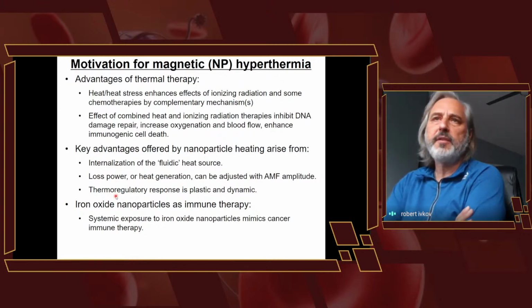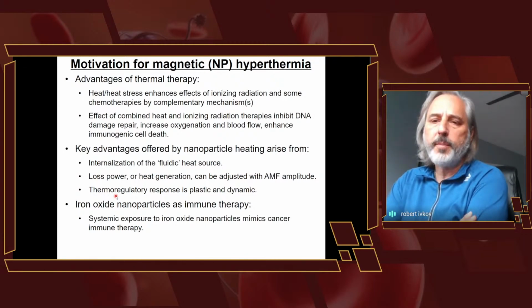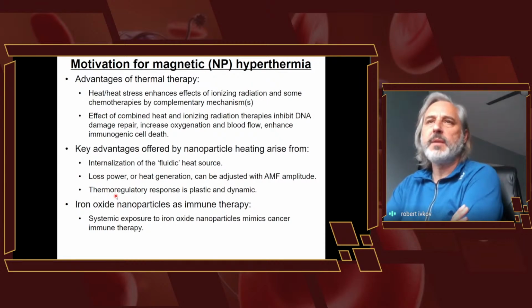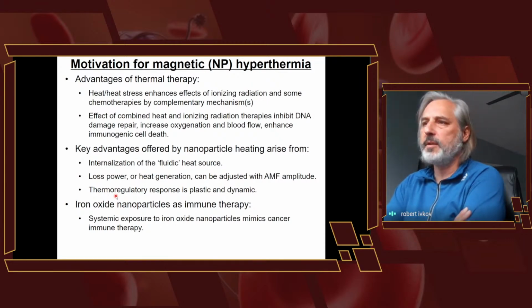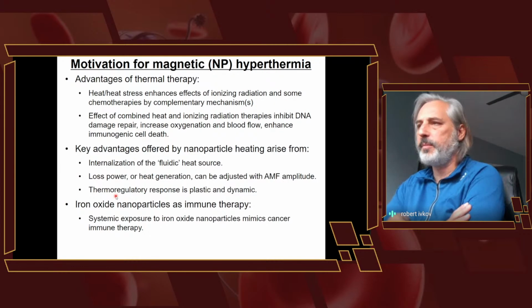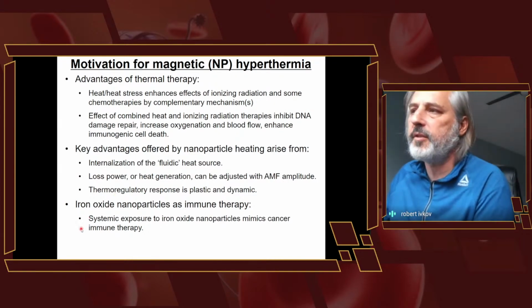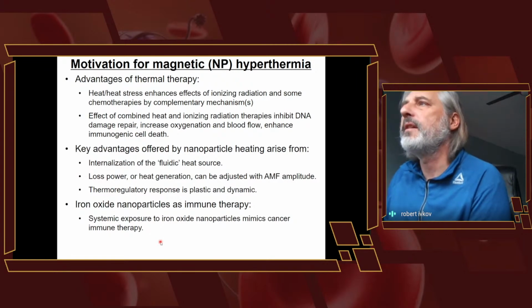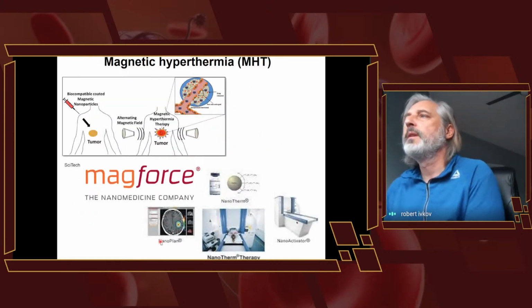This increases blood perfusion, which changes the dynamic thermal properties of the tissue. We take advantage of this in some of the work that we do, and I'll touch on those aspects a little. Nanoparticles as a potential cancer immunotherapy is something I obviously won't spend time on in this talk today.